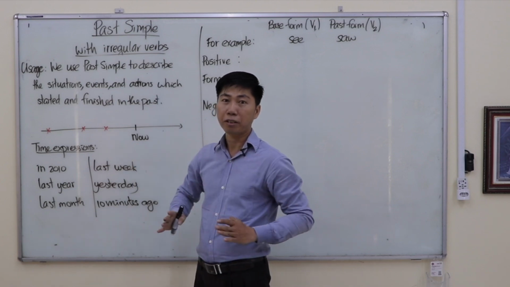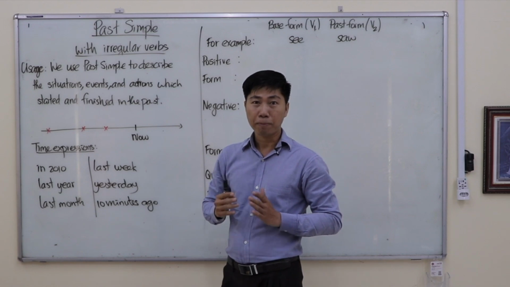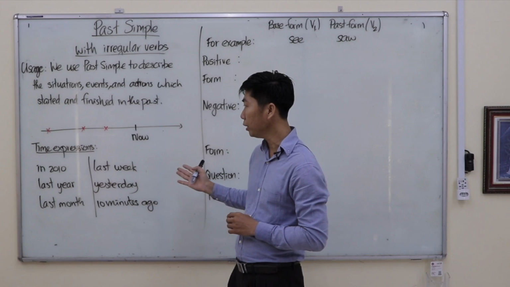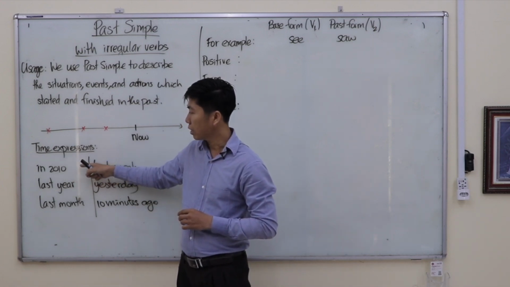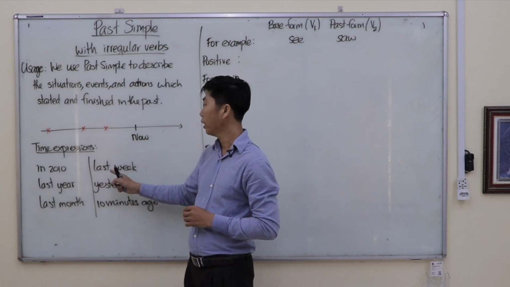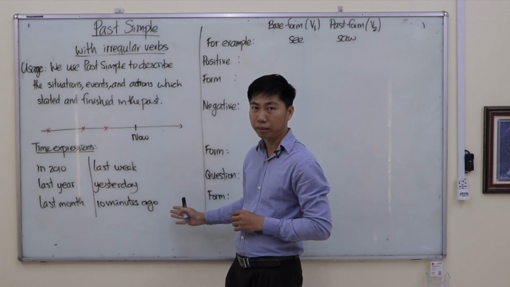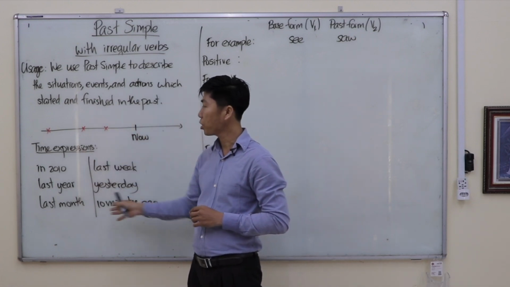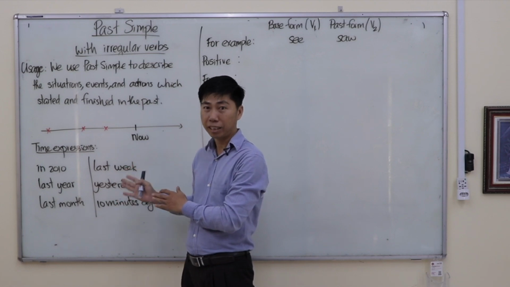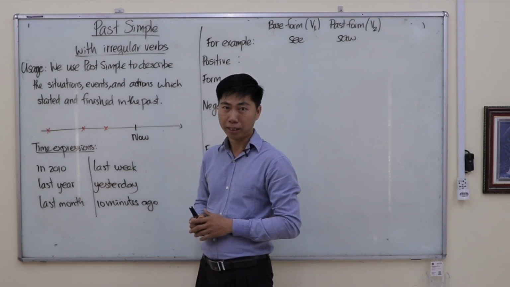It finished before now. We also use time expressions with past simple, for example, in 2010, last year, last month, last week, yesterday, and 10 minutes ago. All time expressions here refer to past activities. It means it's completely finished in the past.